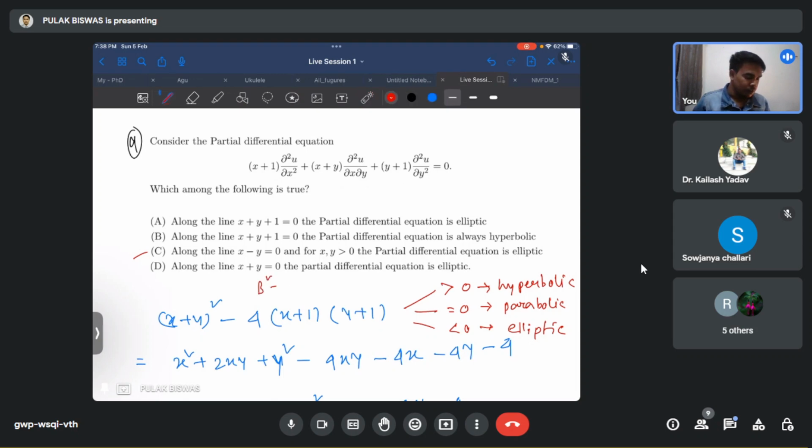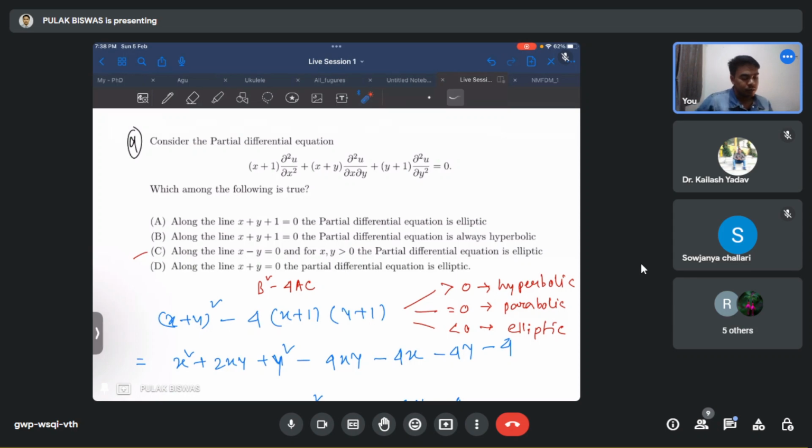That b square minus 4ac. For this case, when we are having only two variables x and y, or maybe others, b square minus 4ac, this one is a.